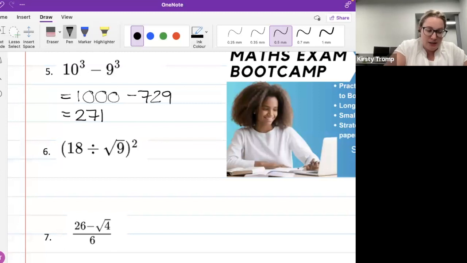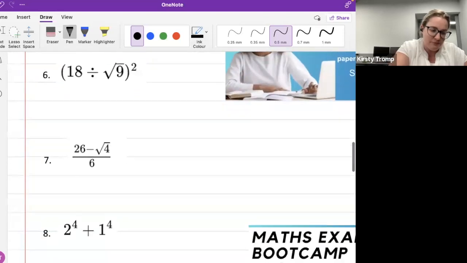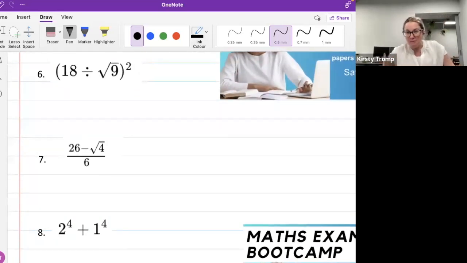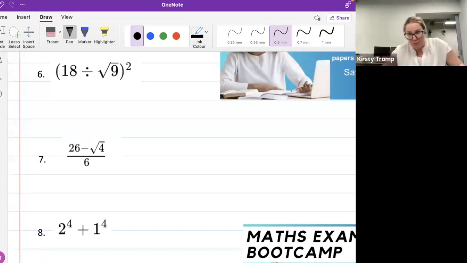Okay, two more together, right? Let's have a look. Okay, BODMAS tells me I must do the brackets first. So if I'm doing the brackets first, I look at my brackets. Inside of my brackets, I've got 18 divided by the square root of 9, squared.